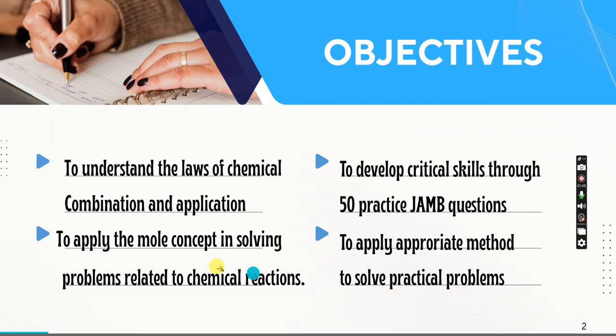You should be able to apply the mole concept in solving problems related to chemical reactions. And you should be able to develop critical thinking skills through the 50 questions we are going to practice together. You should be able to apply the method to solve practical problems, especially when they pop up in your examinations and in life generally.